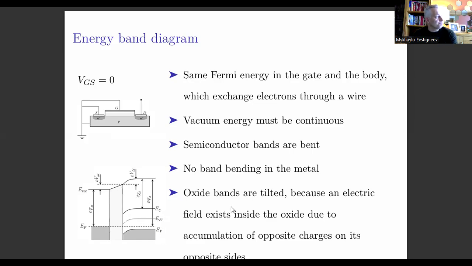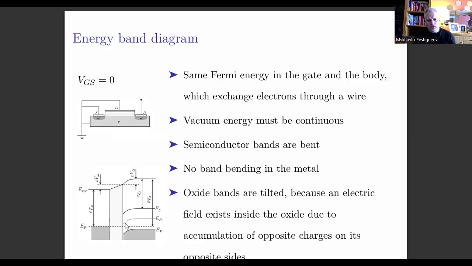But there is a constant electric field in the dielectric, right? Because in the semiconductor, you may have non-zero charge density near the surface. For example, this is the surface charge density of the depletion layer.